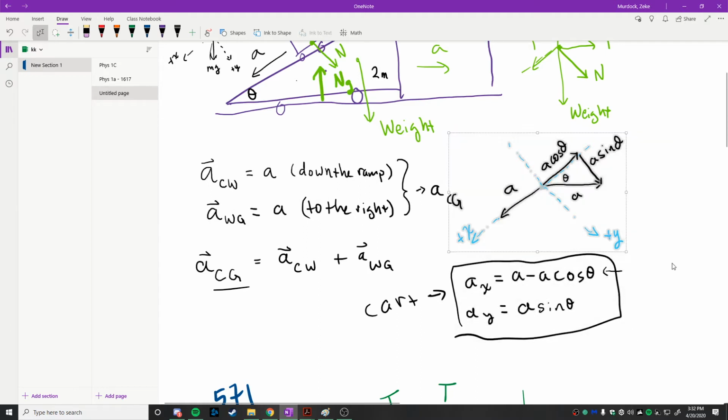This is the acceleration for the object, and what I said was, since the y component of the acceleration goes down, you want to make this positive y, and you have to make this positive x because you have a in this direction and a cos theta back in that direction, which a cos theta is guaranteed to be less than a, right? So positive x has to then go this way.